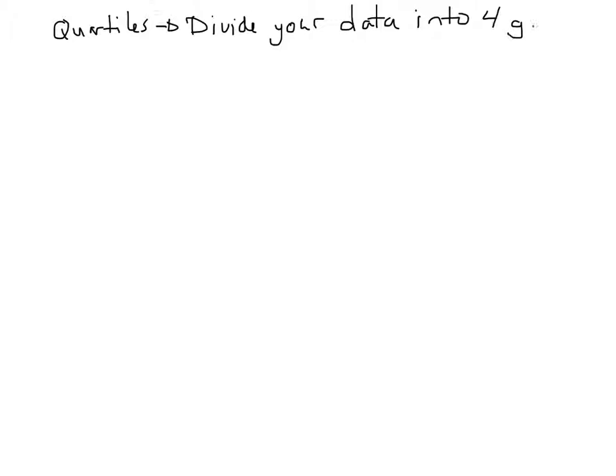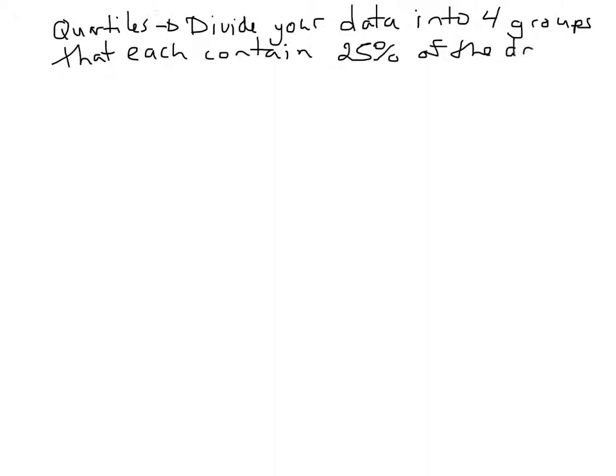So quartiles divide your data into 4 groups that each contain 25% of the data.